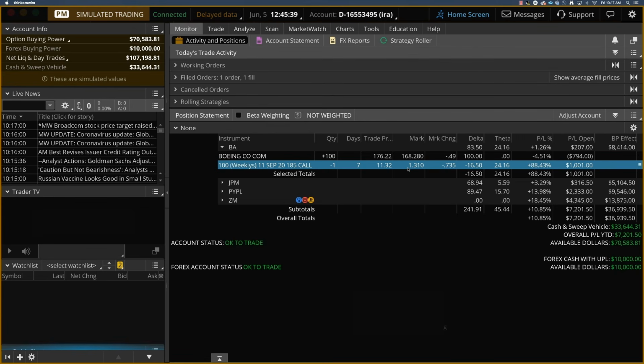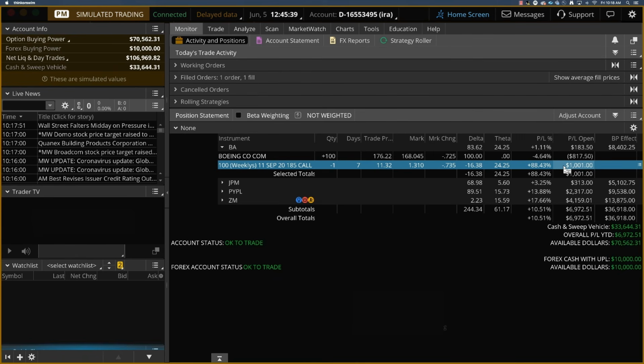So what causes the value of the call to change in price? Well, in this case, if the call option value declined, that means the stock probably went down, and it did. Number two that would actually cause the option value to decline is the time decay. And what you'll notice now, over to the right, is the profit loss open for this option, $1,001.